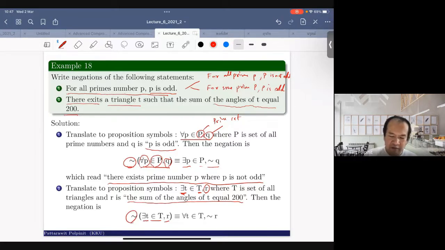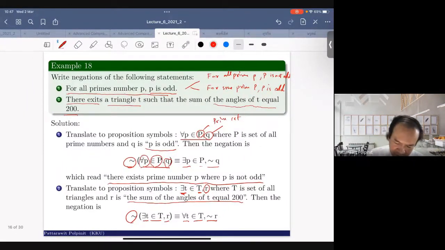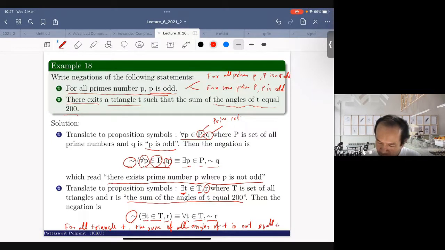So the negation of this one is for all T in the set of capital T, negation of R. This means that for all triangles T, the sum of all angles of T is not equal to 200.